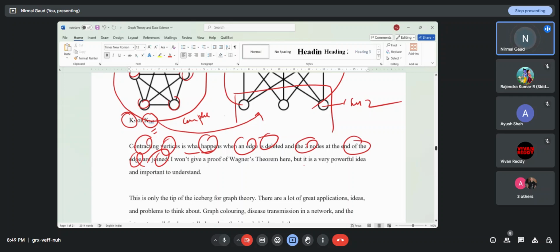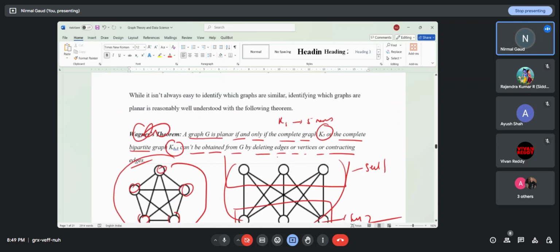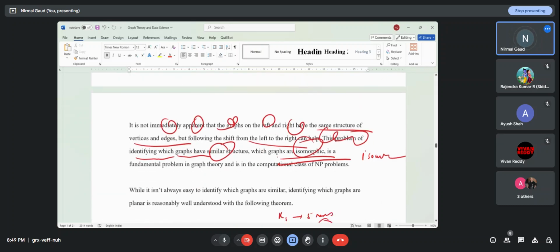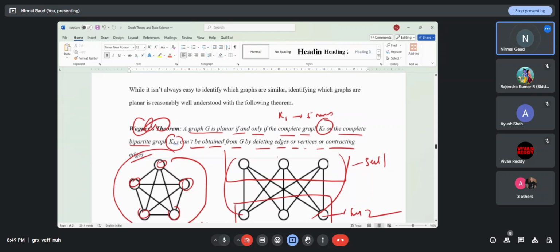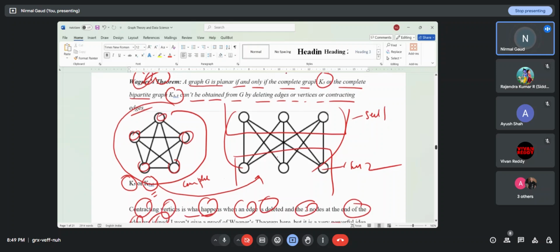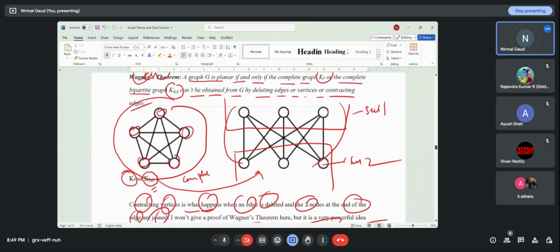Okay, so this theorem is a very powerful idea and important to understand in terms of relating to whether a graph is planar or not. So what do you think? Is this graph planar or not? Not at all planar. The edges are intersecting. This is not planar. This is also not planar. Both of them are not at all planar.